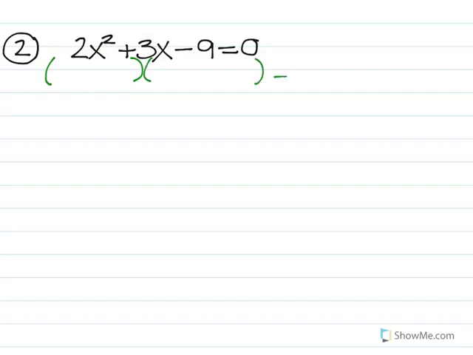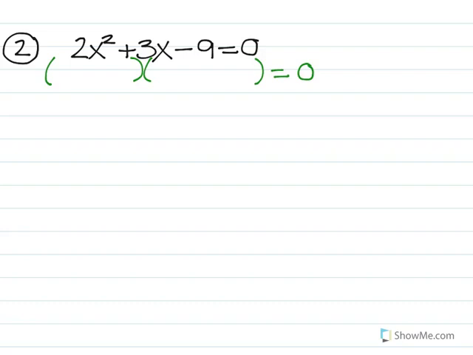So with example 2, we have 2x squared plus 3x minus 9 equals 0. First thing we're going to do is have two sets of empty parentheses set equal to 0, and we're going to break up the a term.